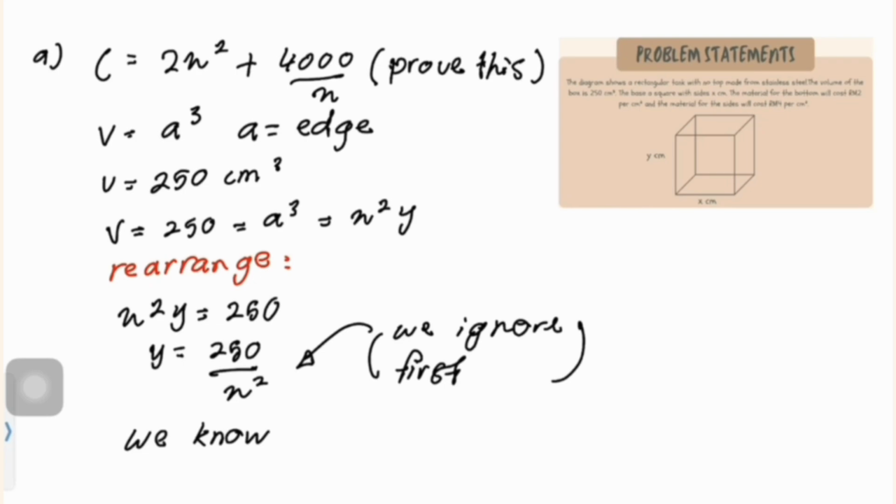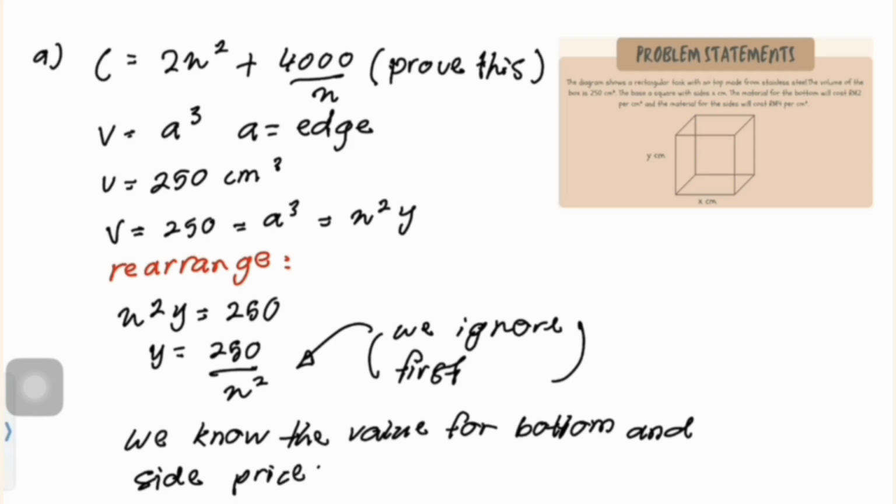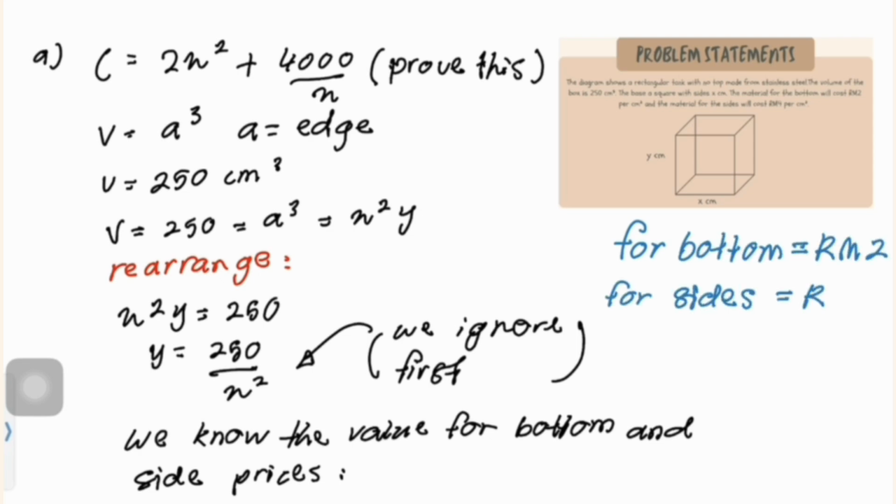Okay, so we know the value for the bottom and the side. For the bottom, it's RM2, and for the side, it's RM4. But remember guys, this price is per centimeter squared. Don't forget about it. Now, let's find the cost.